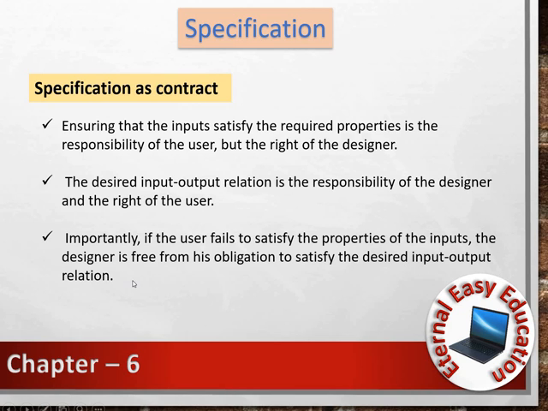Simply, the concept is that the person who is assigning the task to the programmer is the user. So he must be very clear about how his output, that means the product, should be.